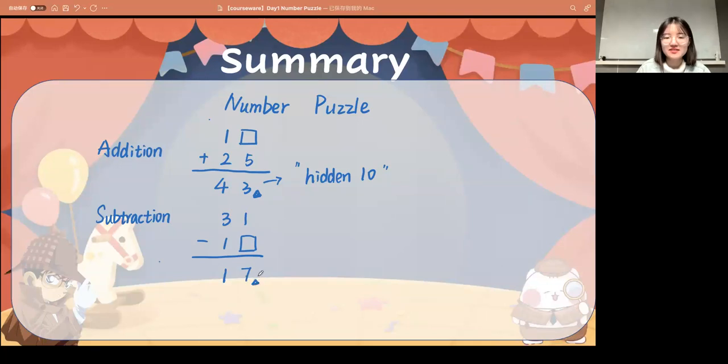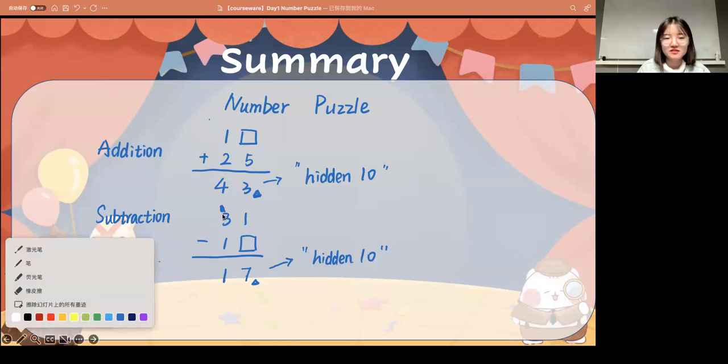So if this number is larger after subtraction, then there will be a hidden 10 as well. So please think about, is there any hidden 10? If there is a hidden 10, please label the carried one or borrowed one on the top as well. You can do the label by yourself.